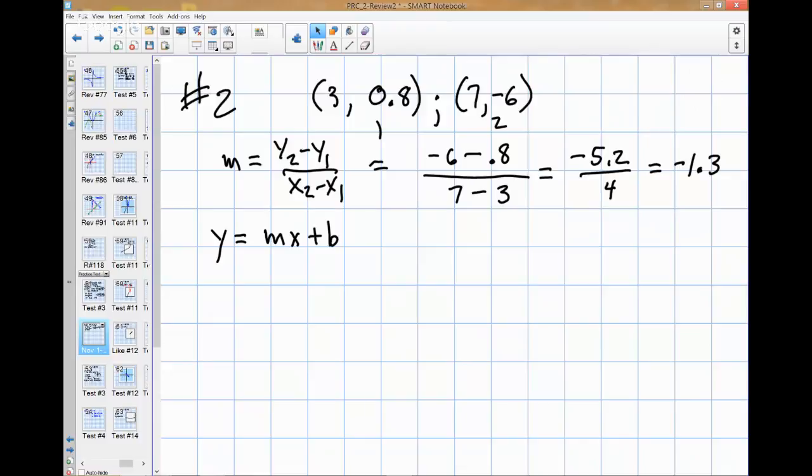Okay, so now plug the slope in. And then we've got everything except the y-intercept. So now I'll plug in a point. I'll plug in the (7, -6) point. Are you guys seeing everything?